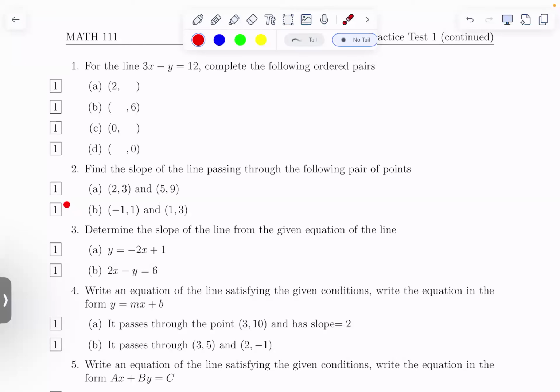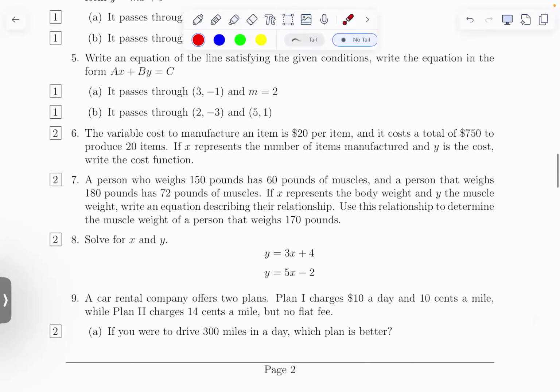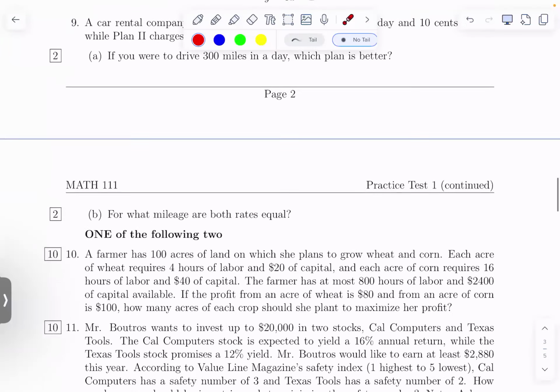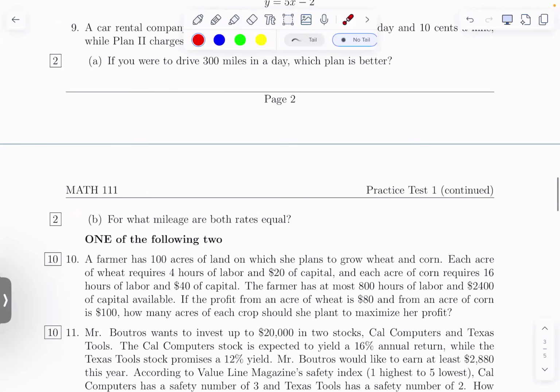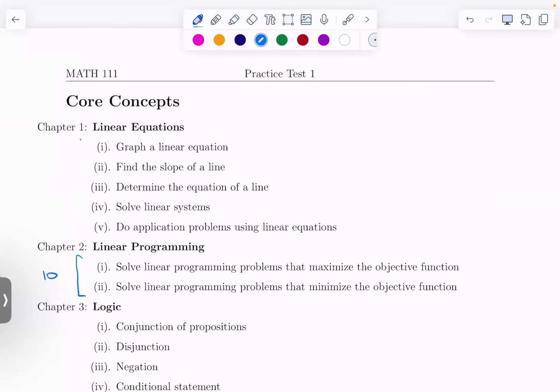Some of these are harder than others. So 1, 2, 3, 4, 5, 6, 7, 8, 9, 10, 11, 12, 14, 16, 18, 20, 22 for chapter 1. That's a lot of little shorties.